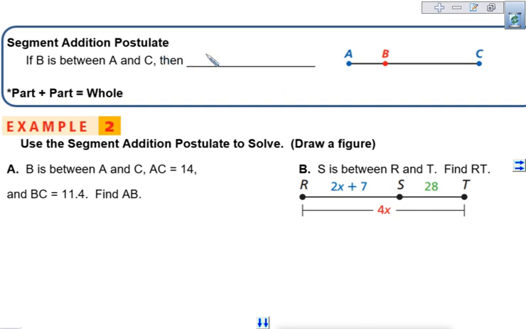So when that happens, we know that our two parts, AB and BC, add together and equal AC. So this is part plus part equals whole. So if AB was 1 and BC was 2, this whole thing for AC would be 3, because our part plus our part equals our whole.